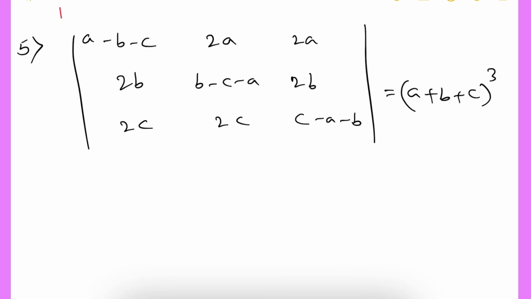Okay, here I'll try to get zeros in the first row. First row I will try to get zeros. Okay, let us do that now.